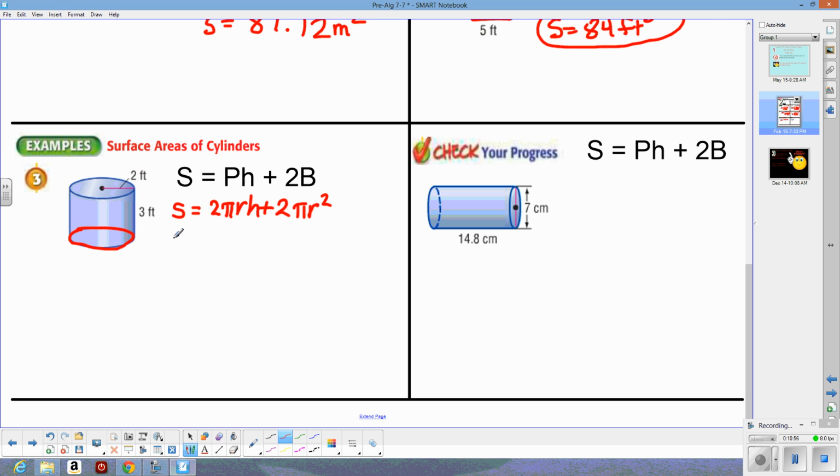So now to find the surface area, it's going to equal 2 times pi times the radius, which radius is halfway across the circle, times the height of the prism, which is 3, plus 2 times pi times the radius squared, so times 2 squared.